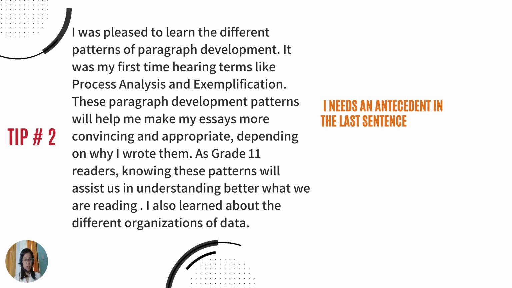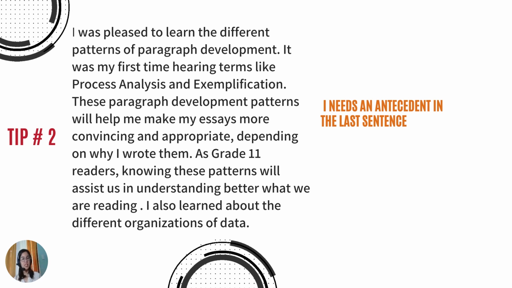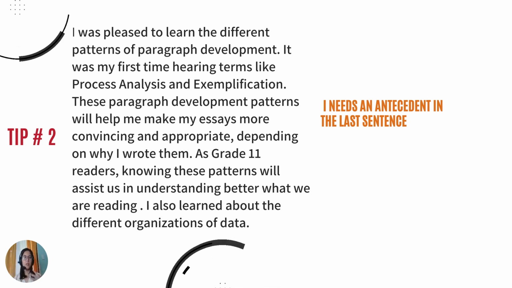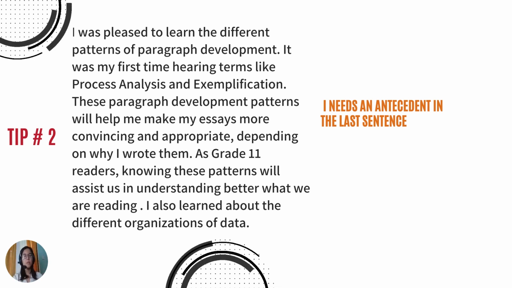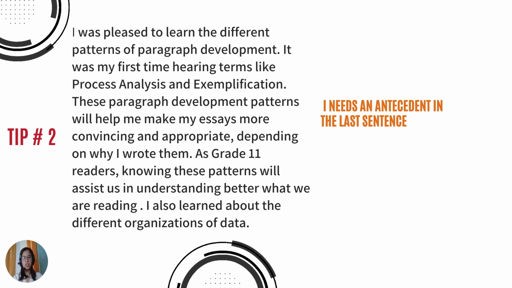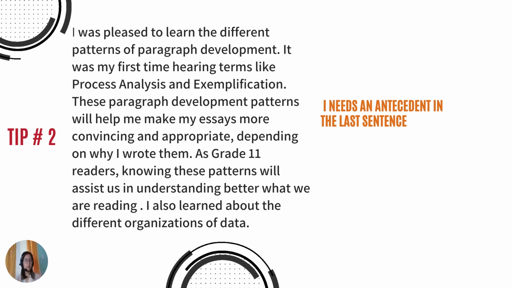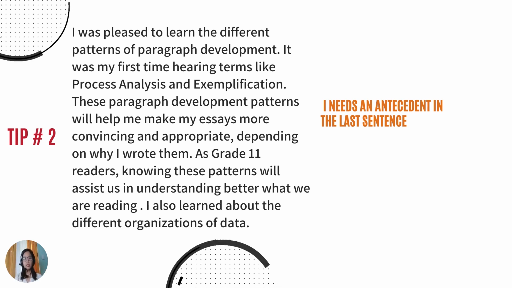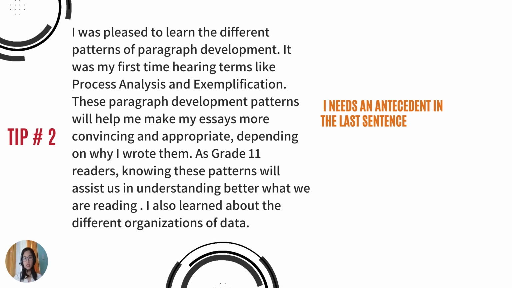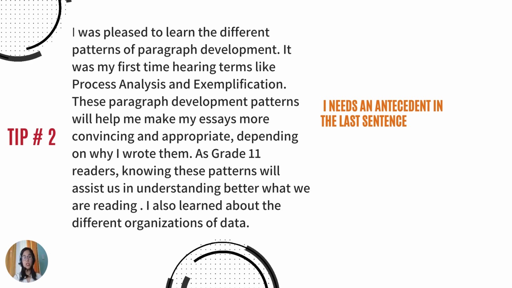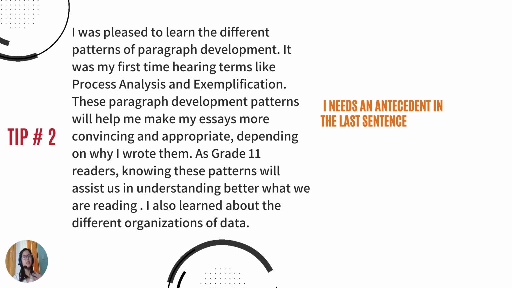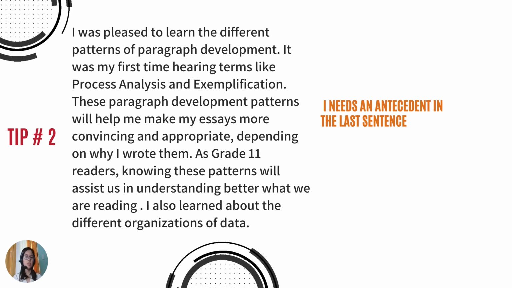So you have to revise the last sentence again. That will be more complicated than the first type of correction. So you may opt to do the first correction. But if you really need to change the antecedent to plural because that is the idea that you want to give, then do so.